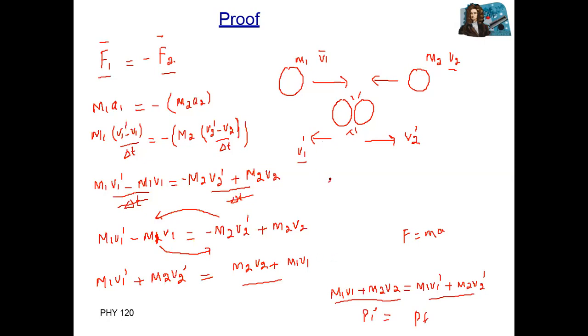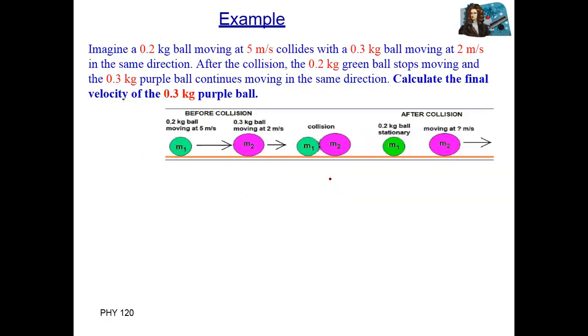So let's solve an example on the law of conservation of momentum. You can see these balls. So let's identify the variables, like what is given in this question. Imagine a 0.2 kg ball moving at 5 meters per second. So write down the data: mass number one is 0.2 kg, moving with velocity v1 equal to 5 meters per second.